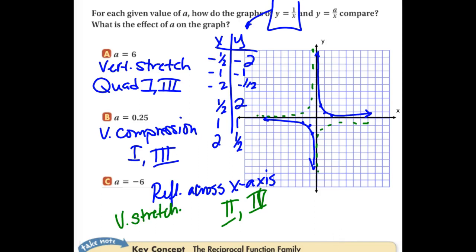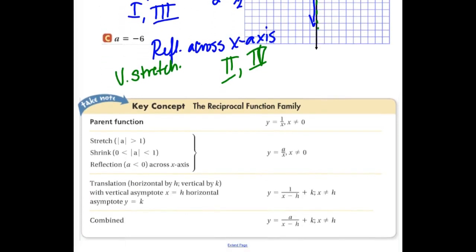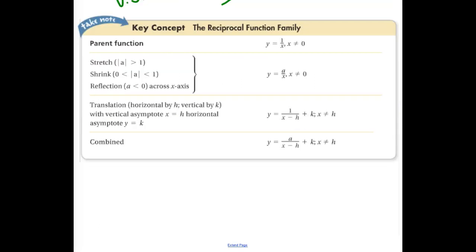All right. We're going to start putting this all together. That a value is our stretch, compression, and reflection over the x-axis. We've talked about our h and k being our left and right, up and down shifts. So we are looking at this as our main transformed reciprocal function. Okay, our a value on top will be our stretch, compression, or reflection. H is your left and right move.